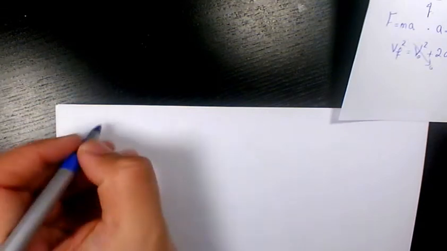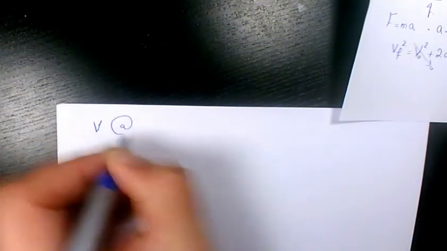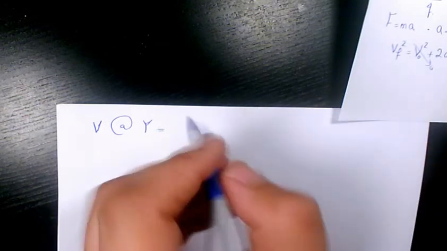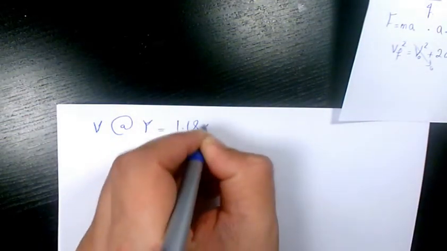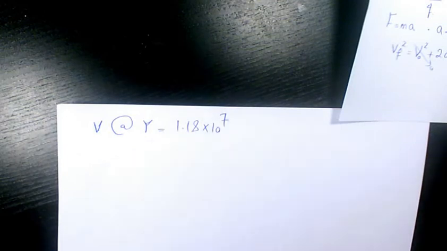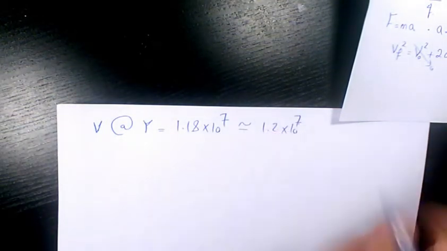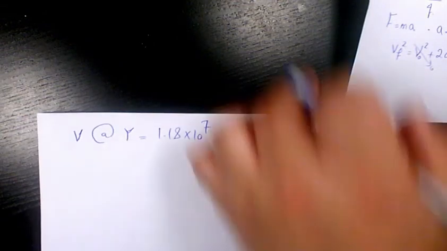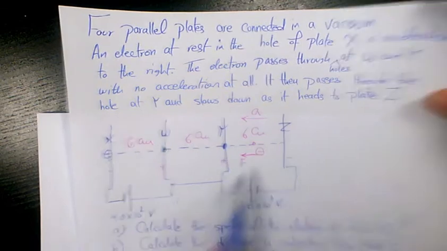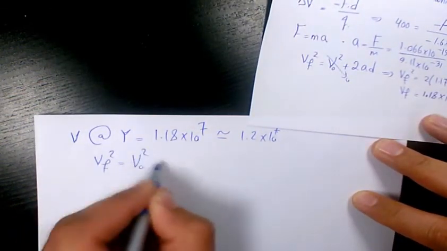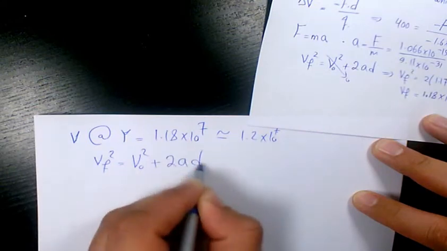So we can assume that the velocity at point Y is still the same as at W, which is 1.18 times 10 to the power of 7. We can also round it to 1.2 times 10 to the power of 7. Then Vf squared equals V naught squared plus 2AD.